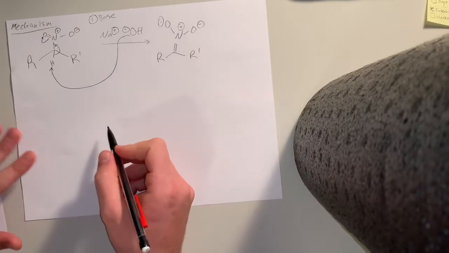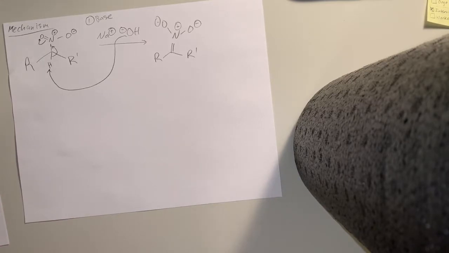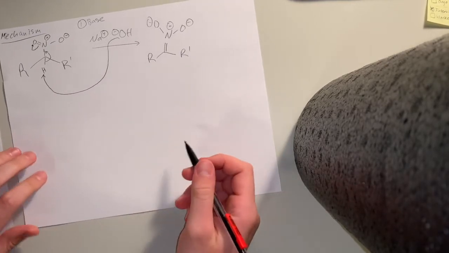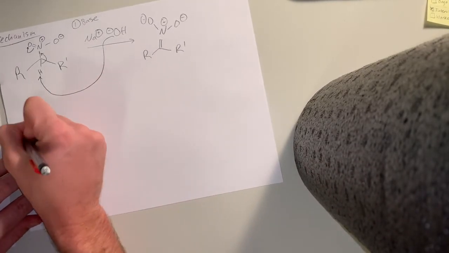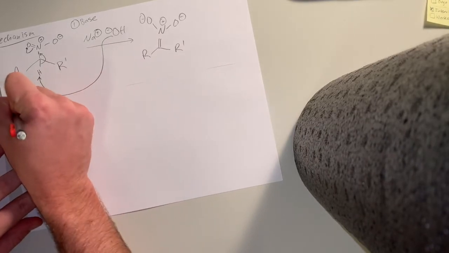And then the second step is going to involve an acid. Here, we'll just use a hydronium ion, but it could be any sort of dilute acid in water. So, let's start here. We'll separate that. This is our acid step.